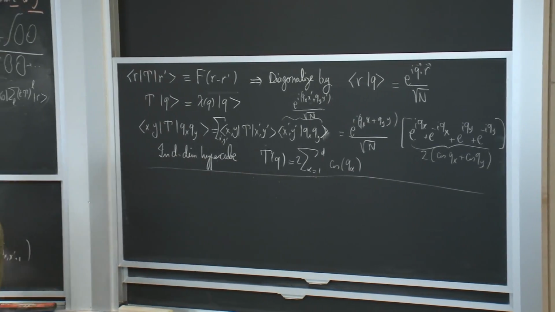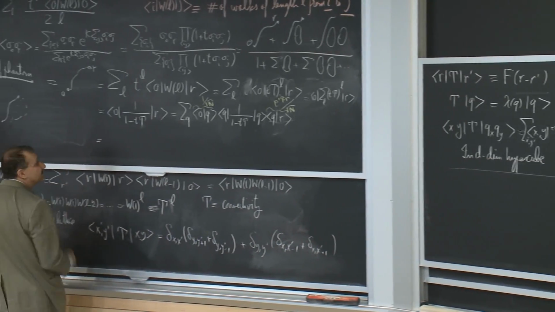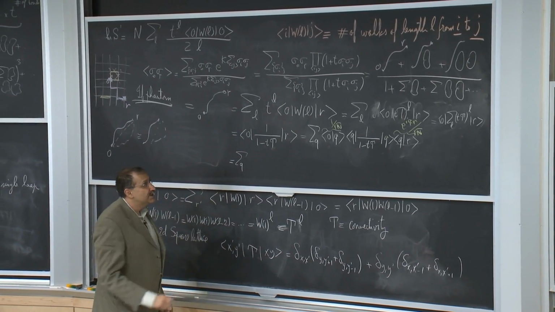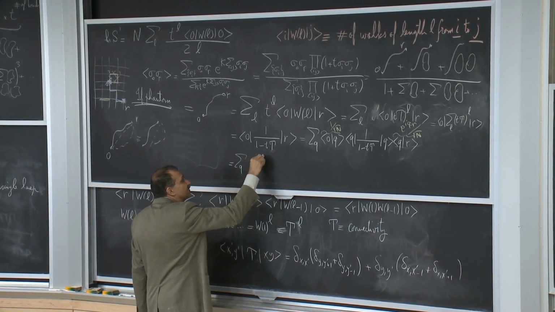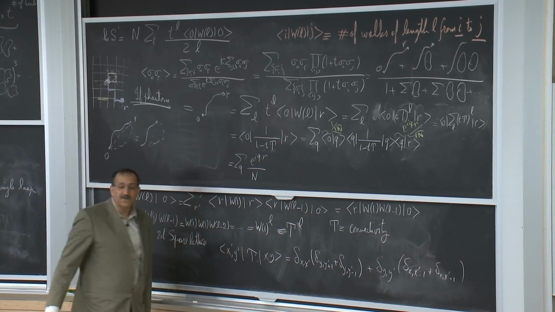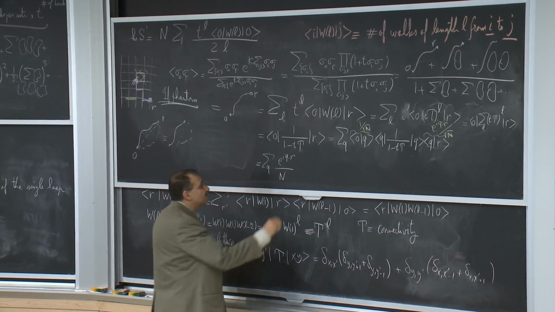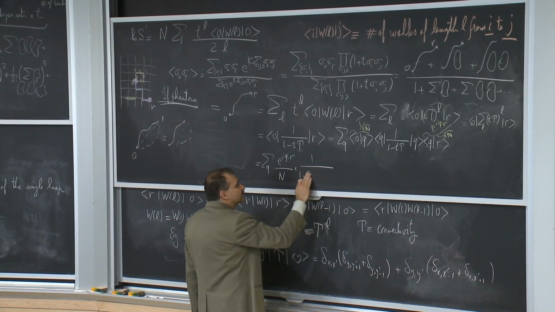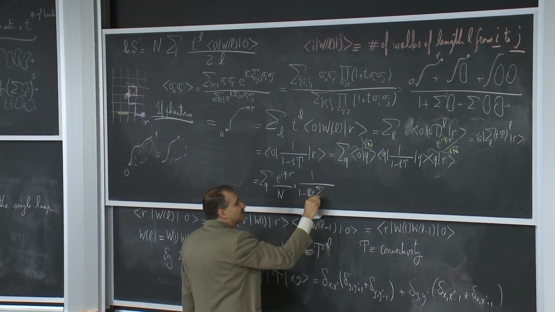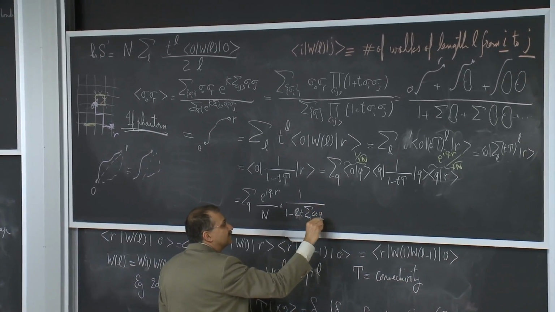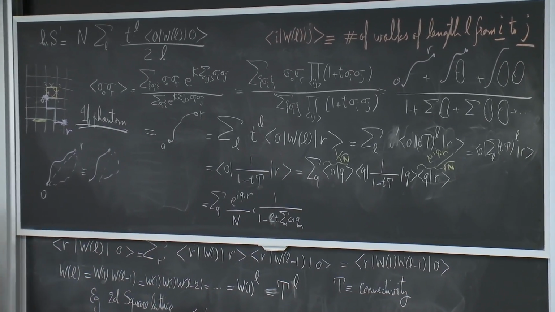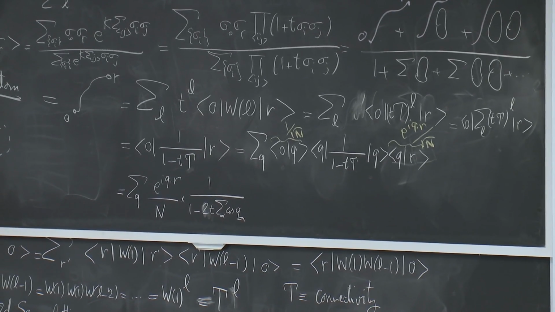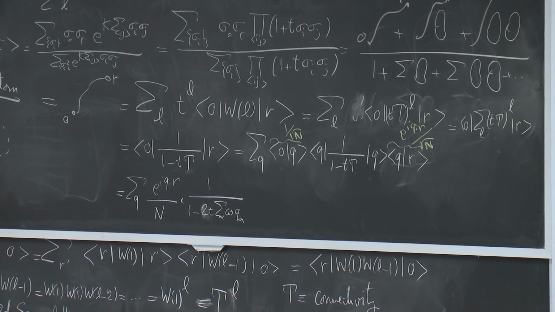So this entity is none other than a sum over q of e to the i q dot r divided by n, 2 factors of square root of n, 1 over 1 minus, well actually let's write it 2t, sum over alpha cosine of q alpha. And then, of course, I'm interested in big systems.